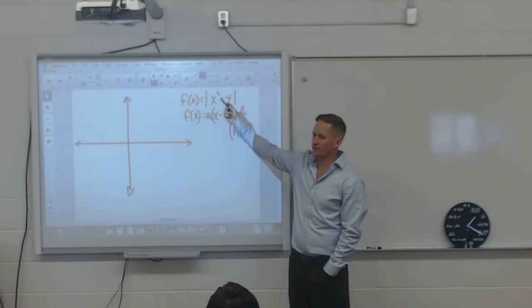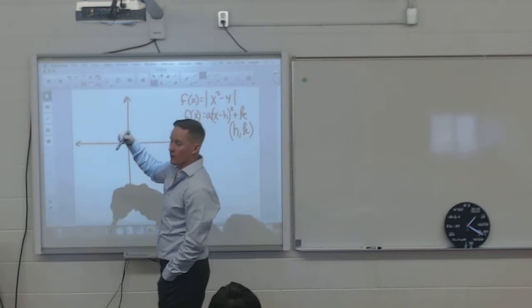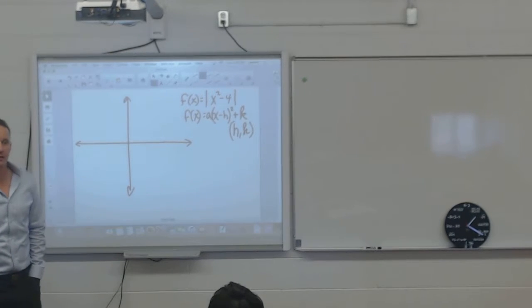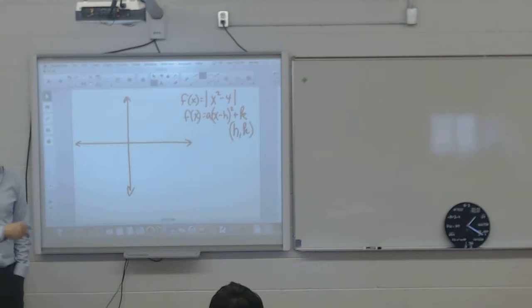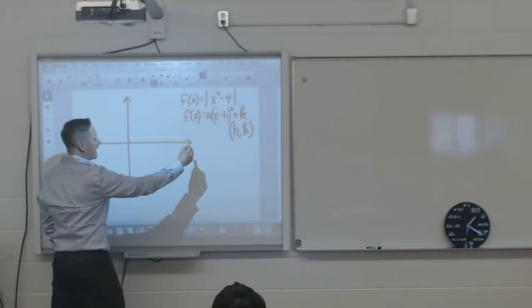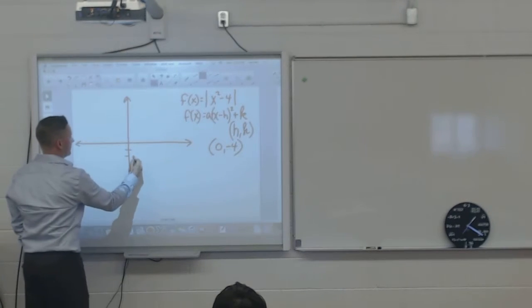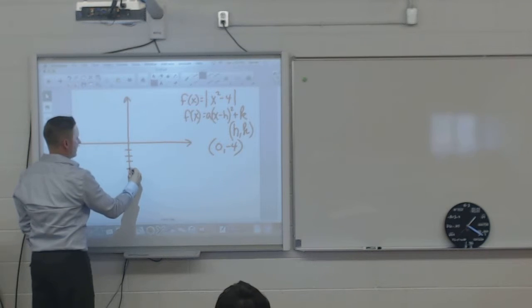So what is h? 0. What's k? -4. Again, you're going to have an exam on this in about 3 weeks, and there's a lot of that on there. So we've got to start getting this stuff processed a little bit better. So my vertex is 0 and -4. 1, 2, 3, 4. Down here.